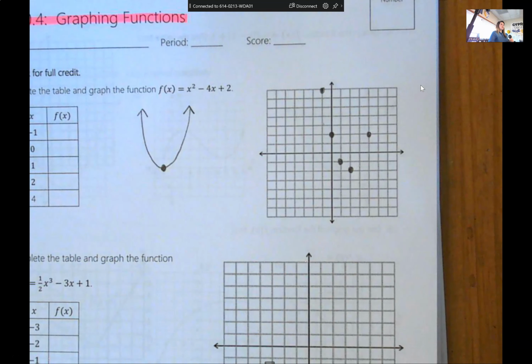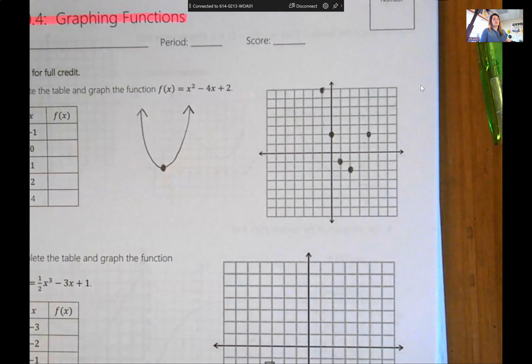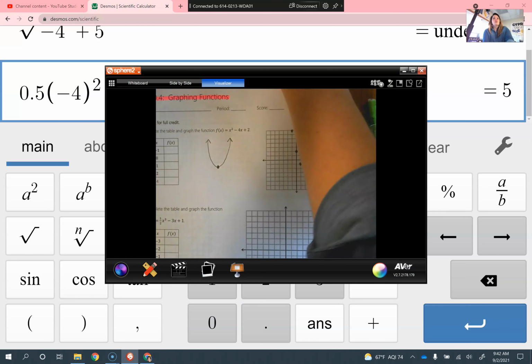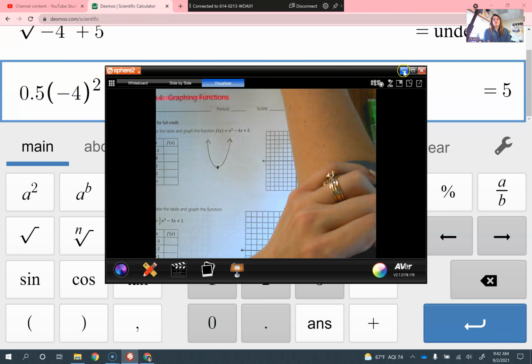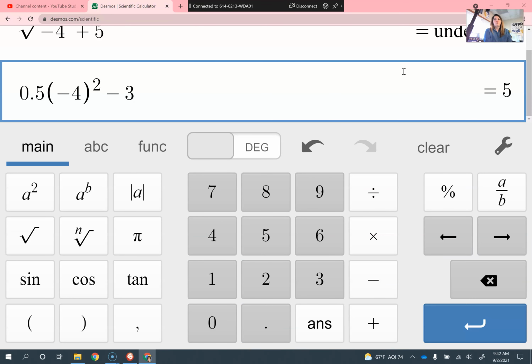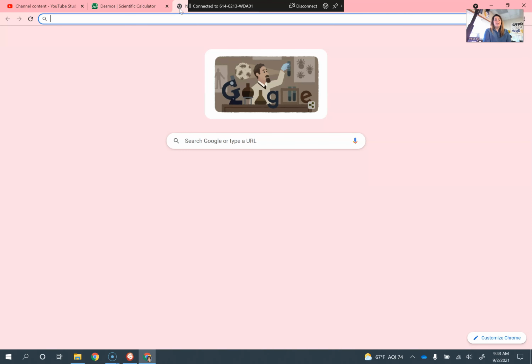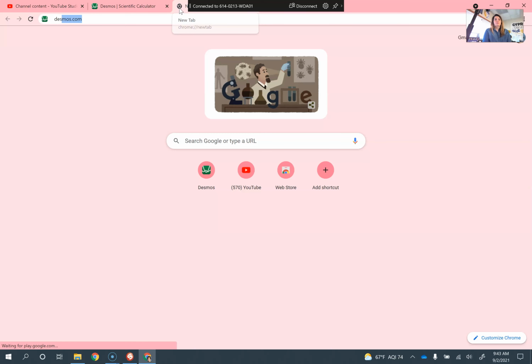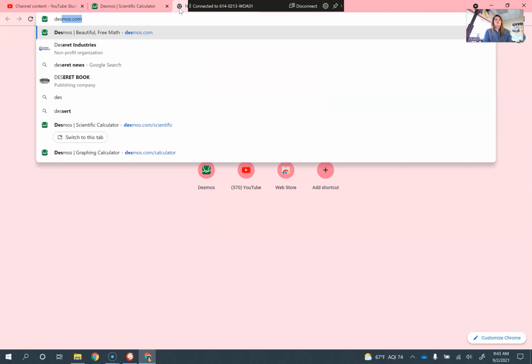So this is what your 5 points should look like. And if you're looking at it going, well, I don't know if that's right, you have 2 options here. The first option is you can go to Desmos in another window. Leave the calculator window up, open a new tab, and go to Desmos again, desmos.com.